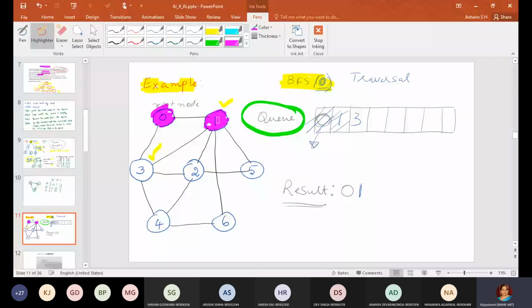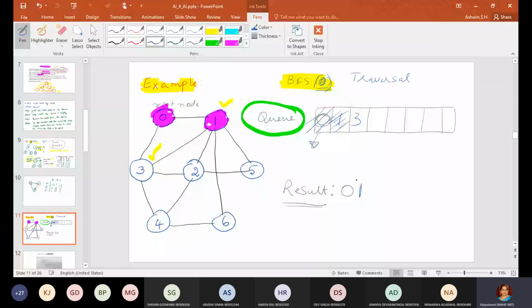When I have marked this as a visited node, and written it in the result, now what you have to do is the 4th step that I told: if the removed node has unvisited child nodes, mark them as visited and insert the unvisited children in the queue.